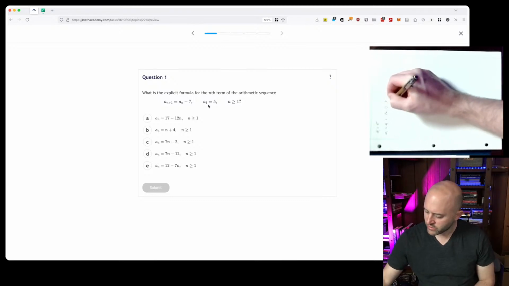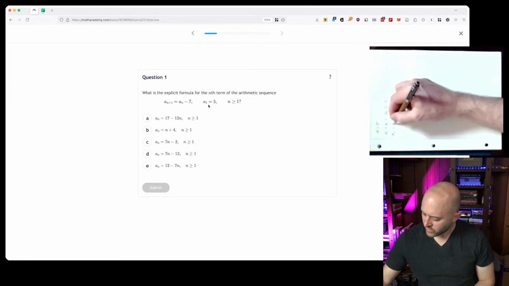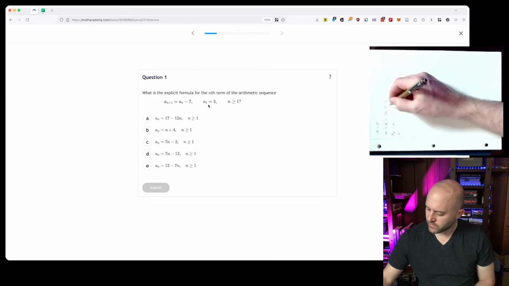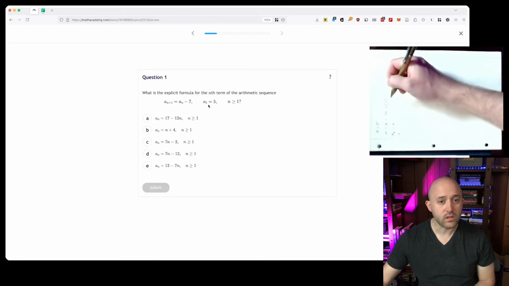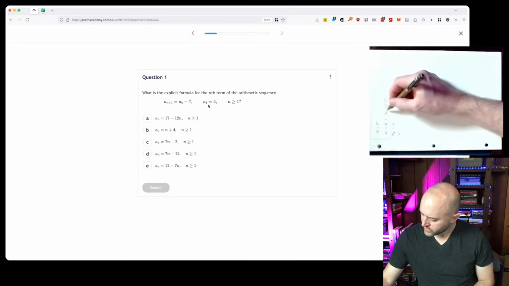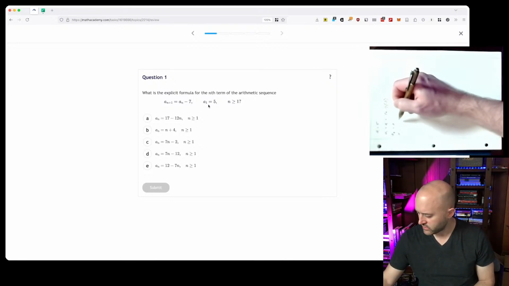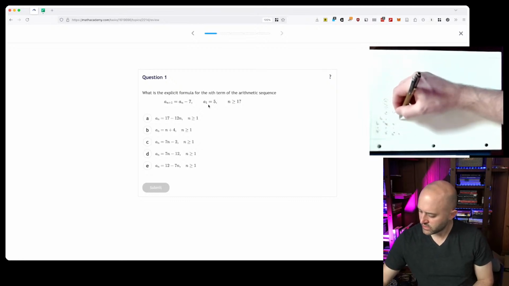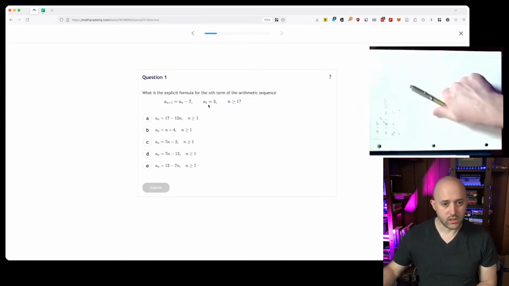So let's say if I do n equals 1, n minus 1 equals 0, so just a1, which is true. a2 is then 2 minus 1, times minus 7. So 2 would be 1 minus 7, minus 7. So a2 would be negative 2. 5, negative 2.